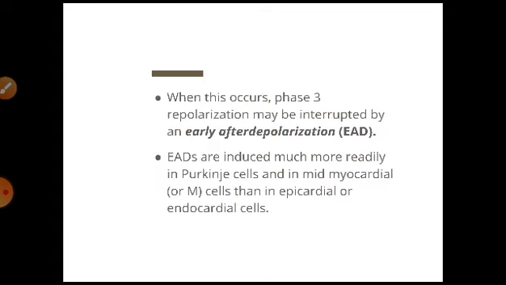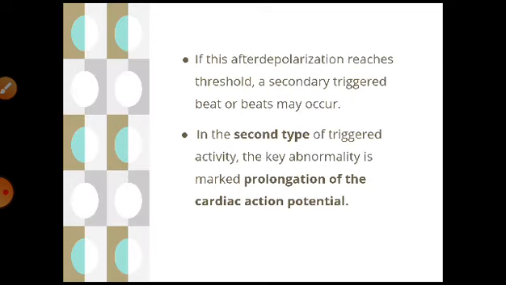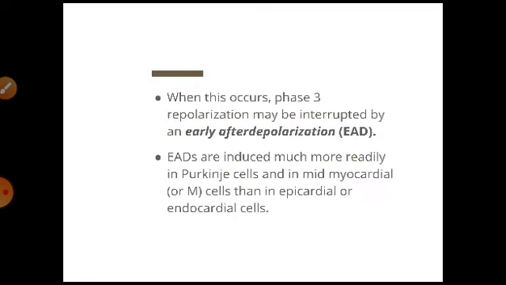When this occurs, phase 3 repolarization may be interrupted by an early afterdepolarization. EADs are induced much more. Here I told you it prolongs the cardiac action potential, meaning before repolarization is completed, another depolarization came. So like that, the depolarization has continued, which we call an EAD.